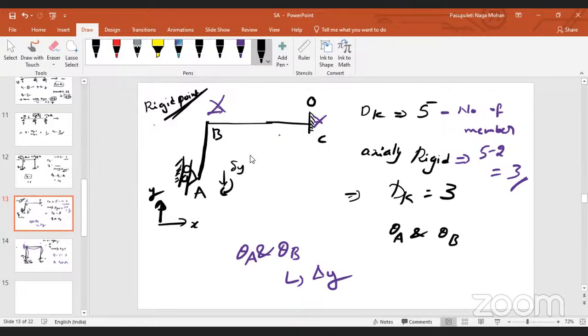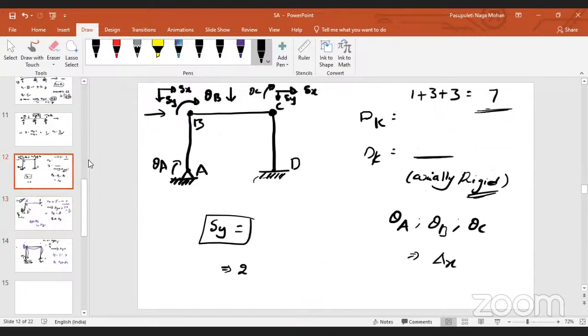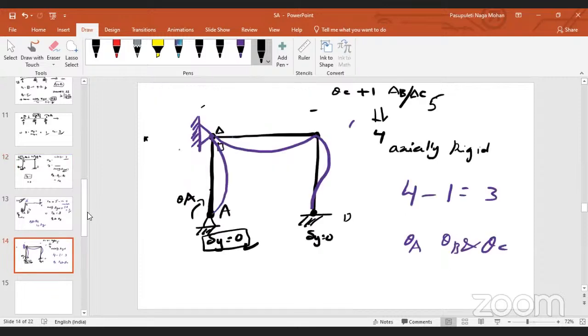Rigid joint means that all the members will rotate by the same rotation. How many members are connected here? 2. If it is a rigid joint and this rotation is theta, this rotation is also theta. All the members are rotated by the same amount.